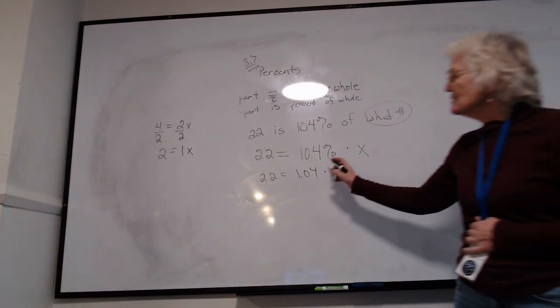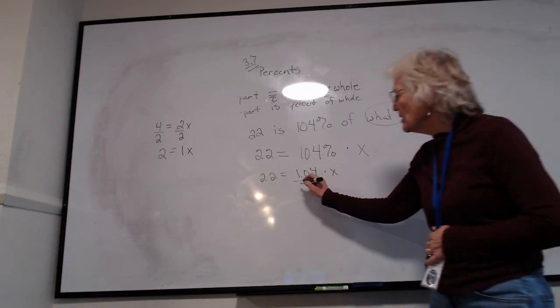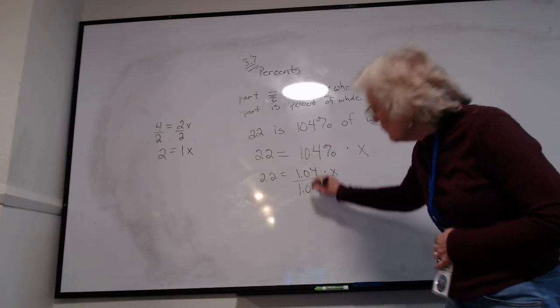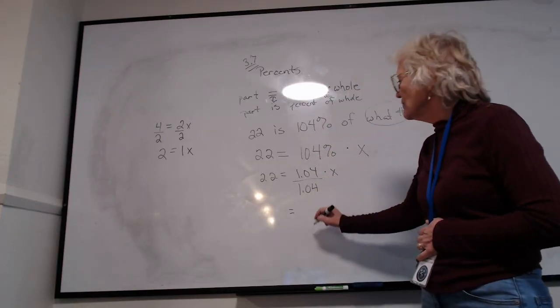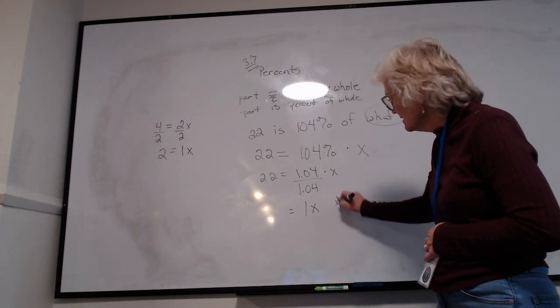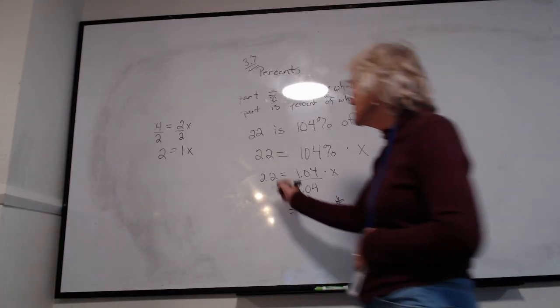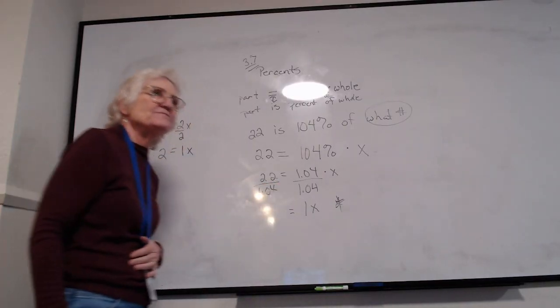This is very much similar to that, but I have the number 1.04. So I want to get this to be a 1. Well, 1.04 divided by 1.04 is 1x. That's our goal. That means I have to take 22 and divide it by 1.04.